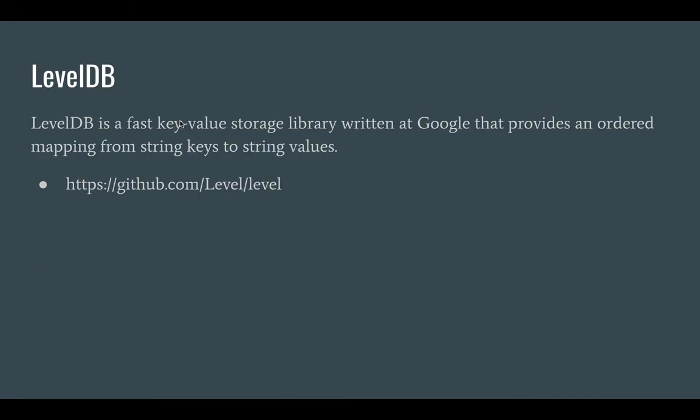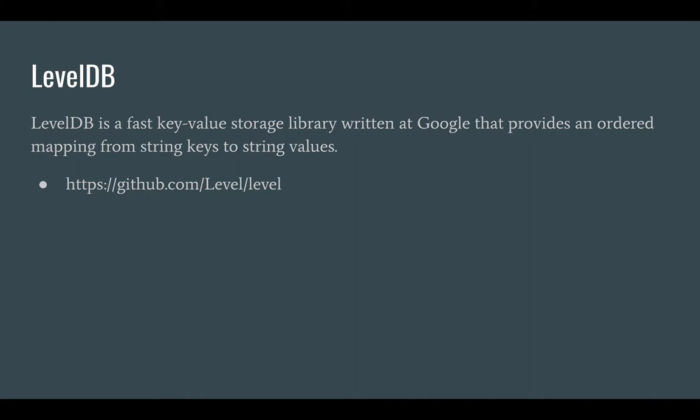They describe it as a fast key value storage library written at Google that provides an ordered mapping from string keys to string values. And there is even another project that wraps Level, with versions of Level that can run in the front end, just in the browser, and something that looks like LevelDB that runs in the browser, as well as a wrapper for LevelDB in the back end.